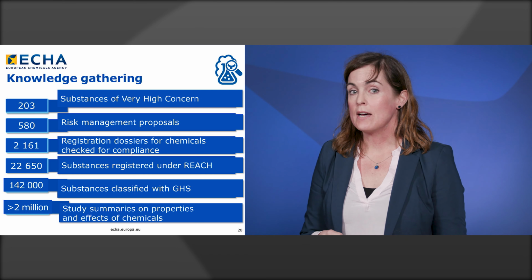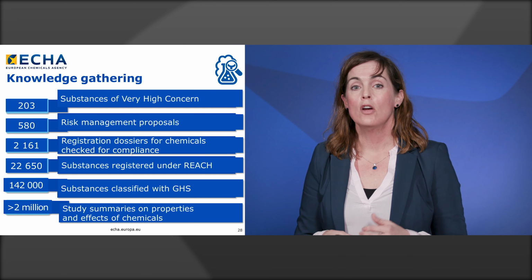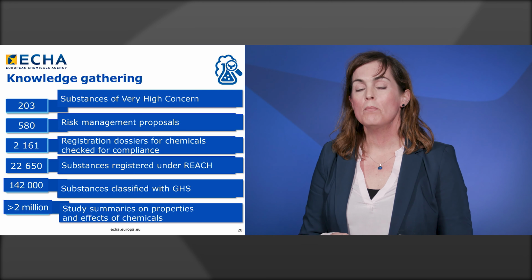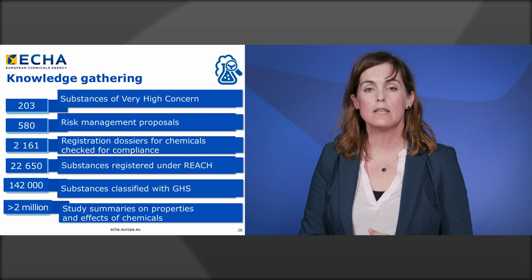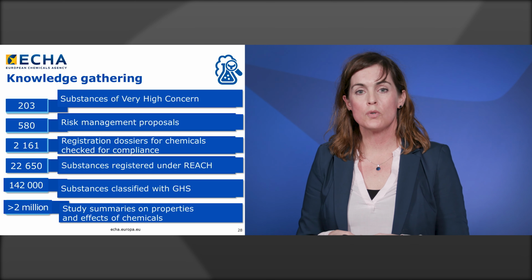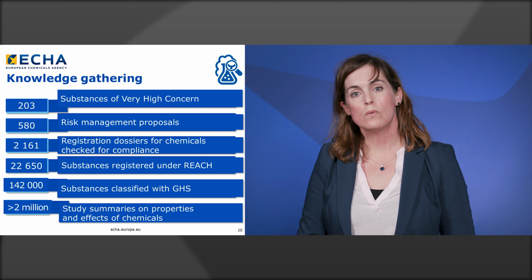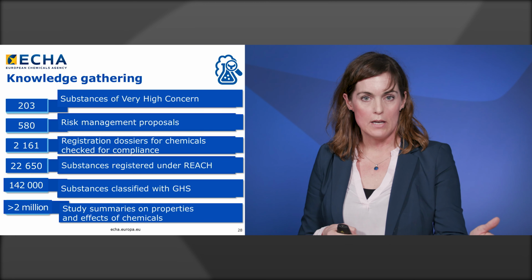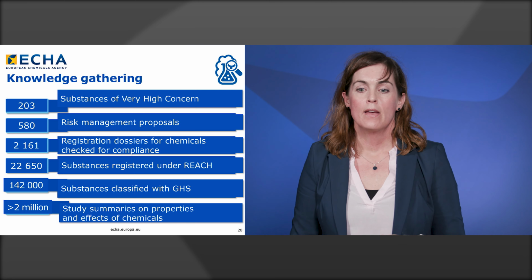What we also have done is that we have actually looked into over 2,000 of these substances for compliance check. We have not necessarily opened all of them, but we have at least screened them to some extent, done targeted assessment, and looked into them to ensure that, based on the information we have, either they are safe, or the safe use can be ensured, or that further risk management measures may be needed.